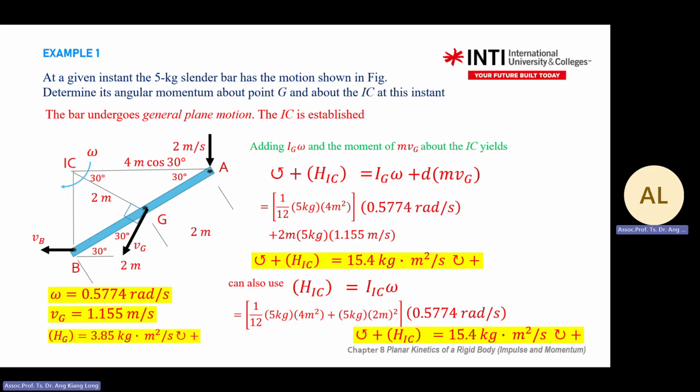It's only the I value that changes. If it's at the center of mass, then you use IG because in m d squared, the d is 0. If it's away from the center of mass and there's a reference point, you only need to find the distance between O and G. In this case, IC is O. O to G is 2 meters. So you substitute m d squared here, the d is 2. We're still using H equals I omega.